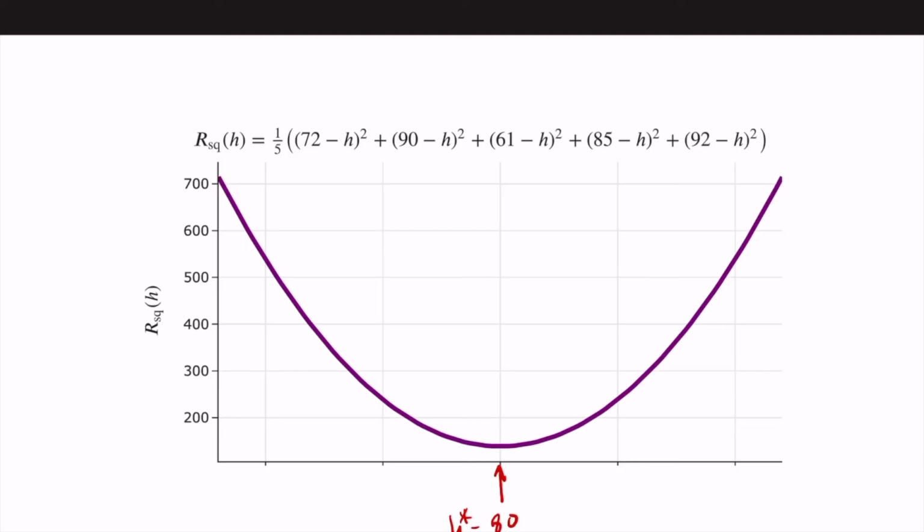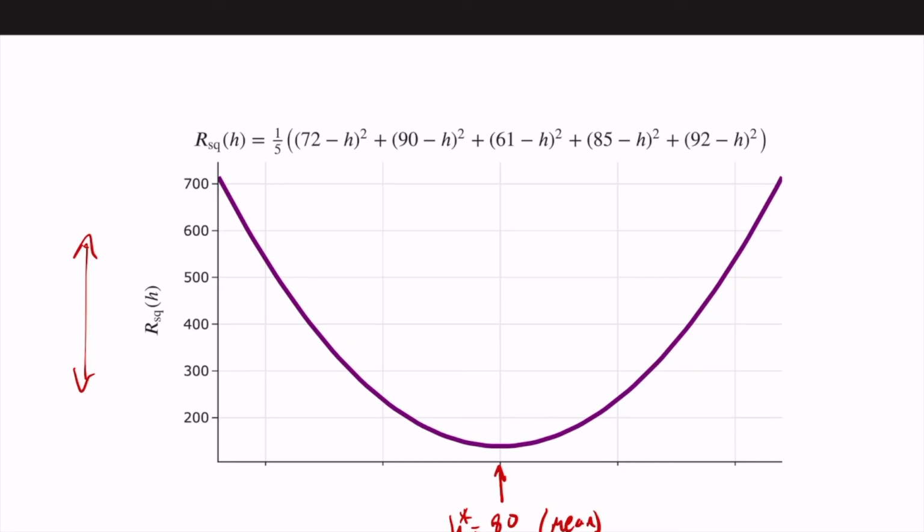So this was h star equals 80, which was the mean. And this makes a lot of sense, right? When we're optimizing this function for loss using the mean squared error, we get 80, which is the mean. But how does this function shift? Where is it located in relation to the y-axis?